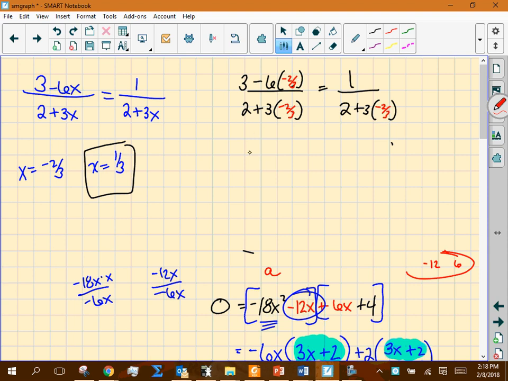So I get 3. Now these are a negative and a negative, so they're multiplied together, so that's a positive, right? So it's 3 plus 4. Everybody okay with that? On the bottom, I get 2 plus, now what's 3 times negative 2/3? 2, but it's a positive times a negative, so it's negative. Yeah, it's 2 plus negative 2.